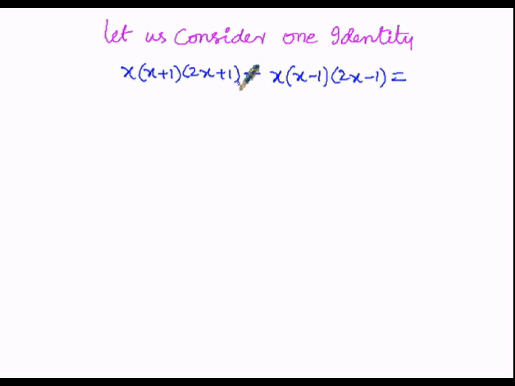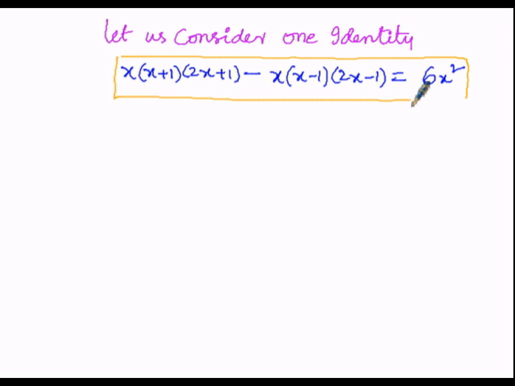So when we simplify these two terms, the result will be 6x square. Now based upon this identity we will find a formula for the sum of squares of n natural numbers.